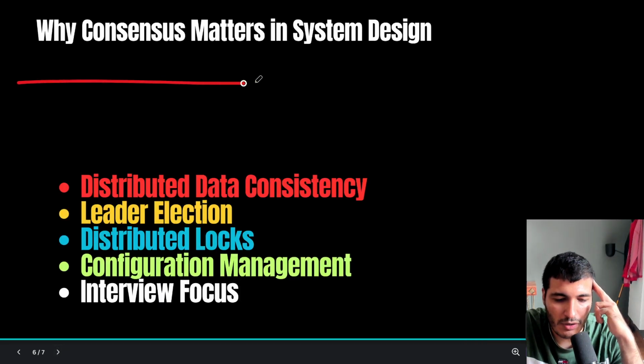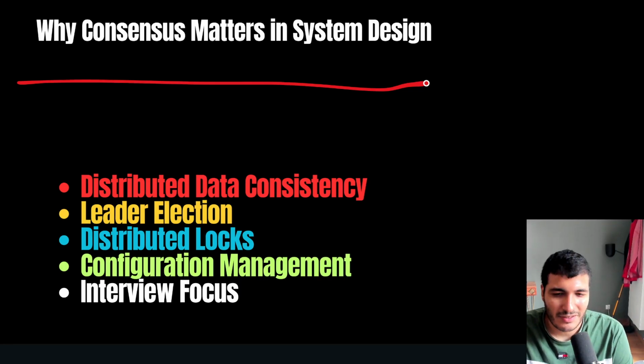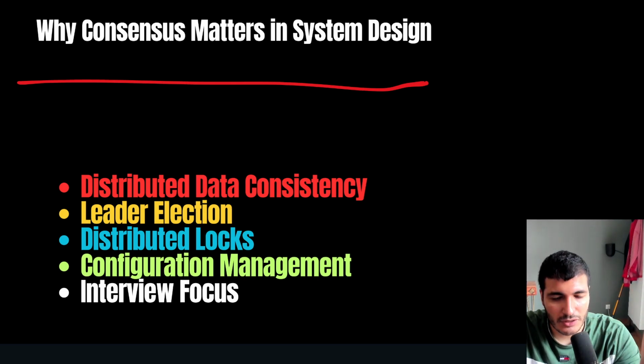Okay, so why do consensus algorithms matter? It matters because of different things. We will mention 5 of them in this video. The first, we have distributed data consistency, ensuring that all replicas in a distributed database or key-value store maintain the same consistent state. Number 2, leader election.